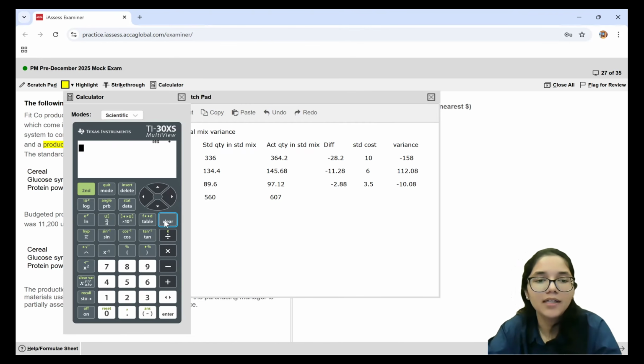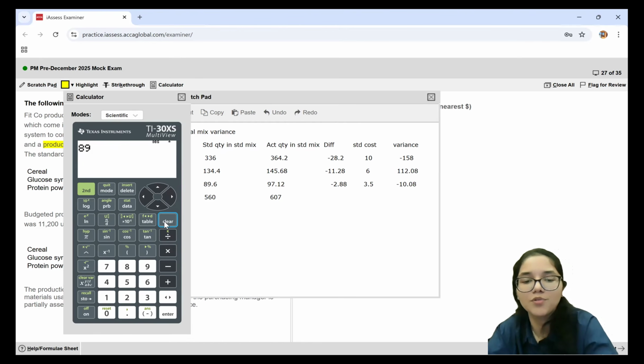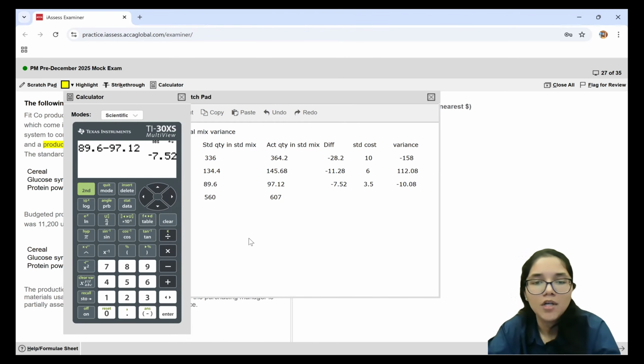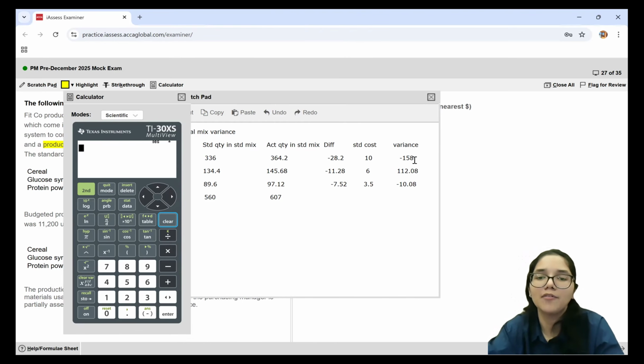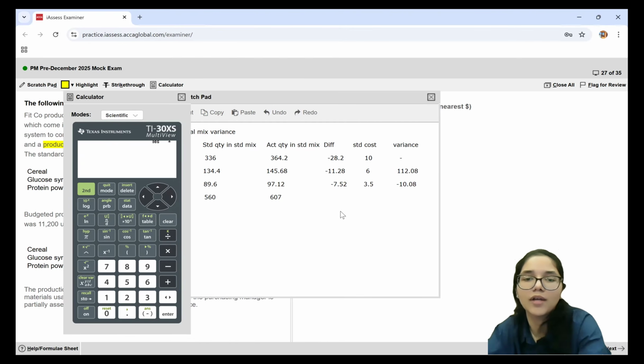Similarly, for the last material, you should have used 89.6 minus 97.12. So you ended up overusing by 7.52. So that means now if you multiply with the standard cost, you're going to get to your answer. 28.2 into 10 is going to make it negative 282.